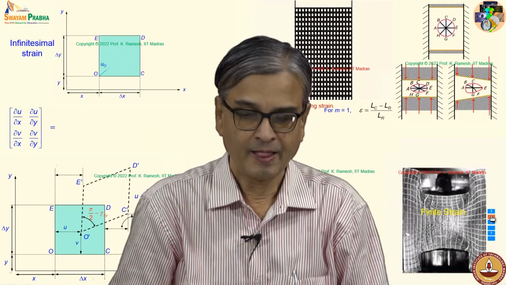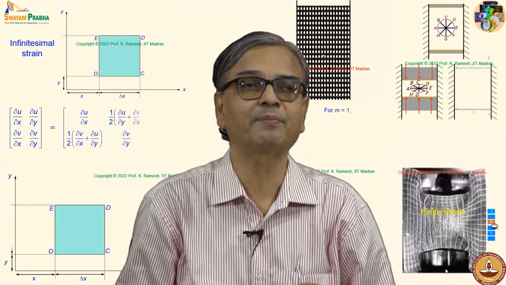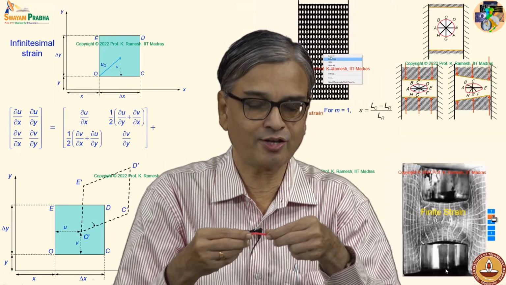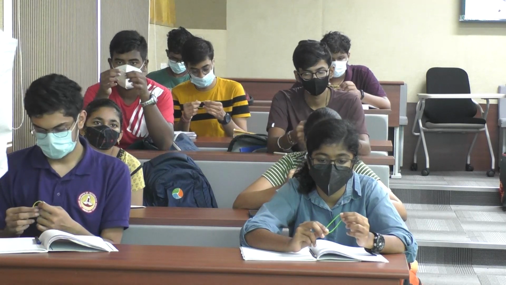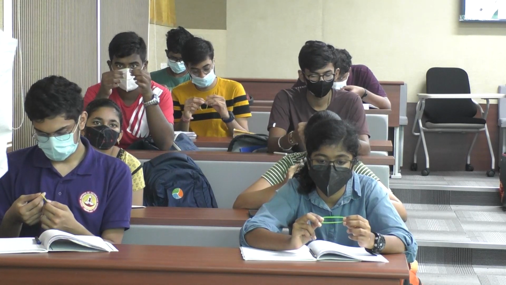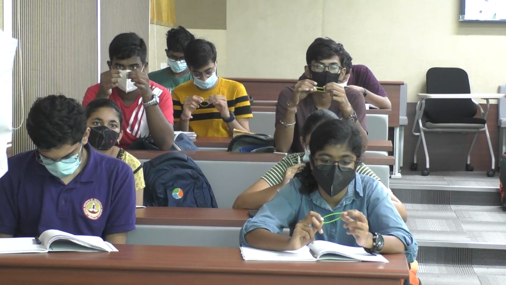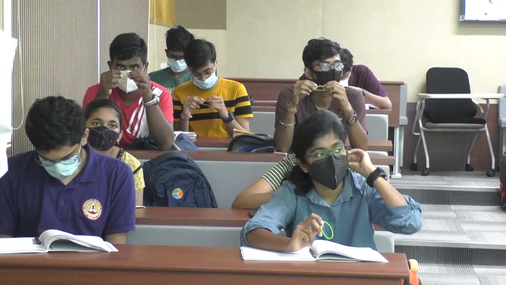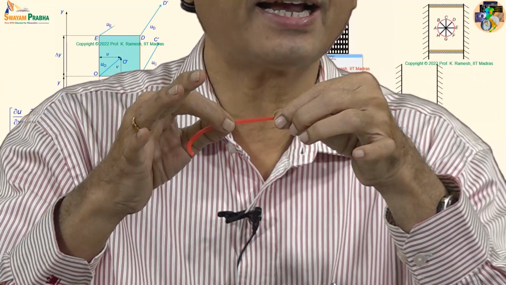And what we will do first is, you are all given a rubber band, and I would like you to take it, identify a region where you have that uniform cross section, because it's all made in a very crude manner, so there is no consistency in the cross sectional dimension. I would like to hold it and pull it and make observations.